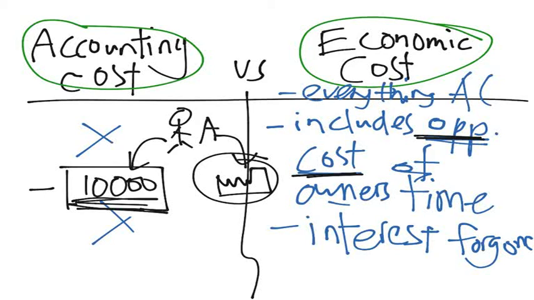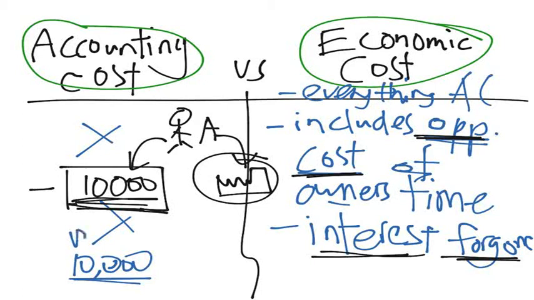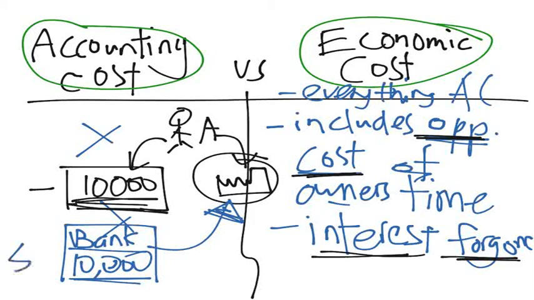Okay. Now next, we will also include interest foregone. Let's say now person A, same guy, has 10,000 ringgit put into a bank, and he uses this 10,000 ringgit to invest in the factory. Now, if he keeps the 10,000 ringgit in the bank, he will get 5% interest every year.